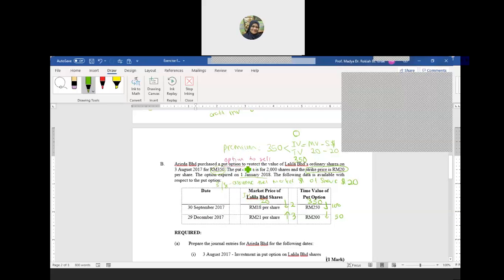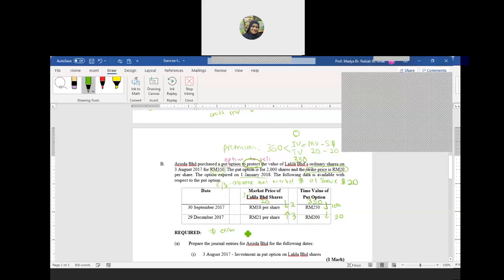You purchase a put option to protect. We don't know whether they enter the hedging or not, so we assume that now we are in the process of doing the hedging activity, like the one you have in example 5 about DEF. You can refer to example 5.